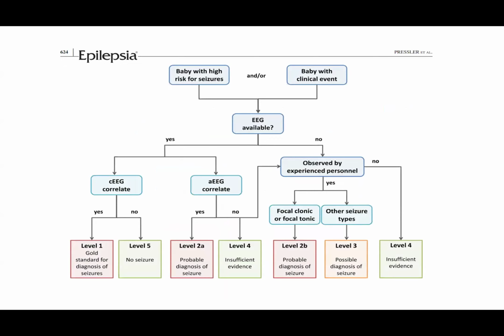When EEG is not available, that event should be observed by experienced personnel, who can classify it into focal clonic, focal tonic, or other seizure types. What is the level of evidence there? Level 2B for focal clonic or focal tonic, so it has a higher level of evidence compared to other seizure types.